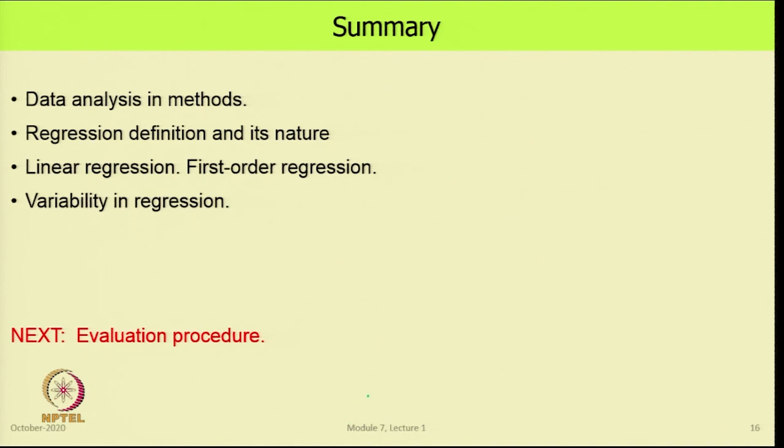We have seen what are the various methods of data analysis, what is regression and its nature, how we can convert a non-linear case into a linear regression, and we will focus on linear regressions, first order regressions, and in one variable.